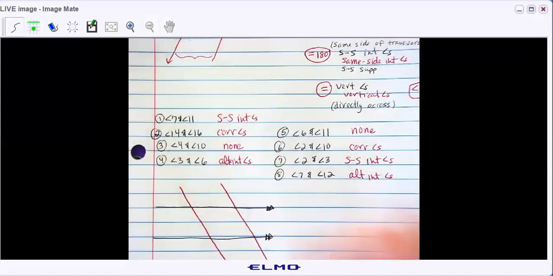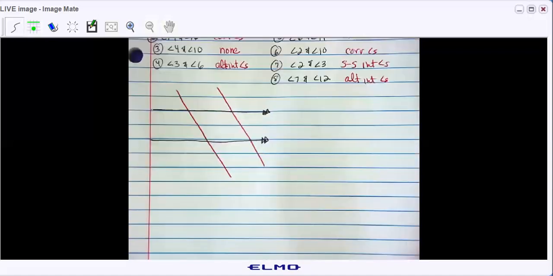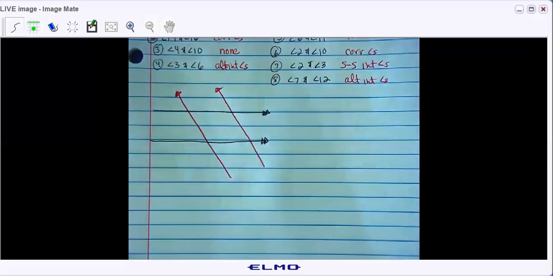My parallel lines don't always have to go the same direction. I mean, like they did up there. That one's slanted to the right. These are slanting to the left. Okay. So those indicate that they're parallel.